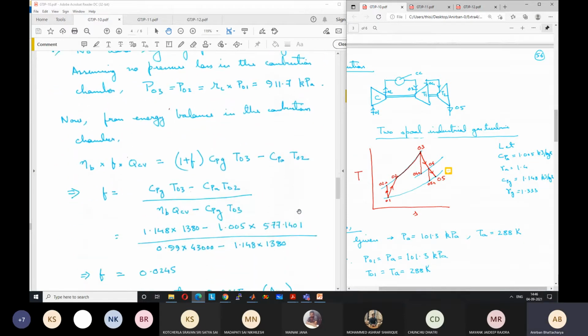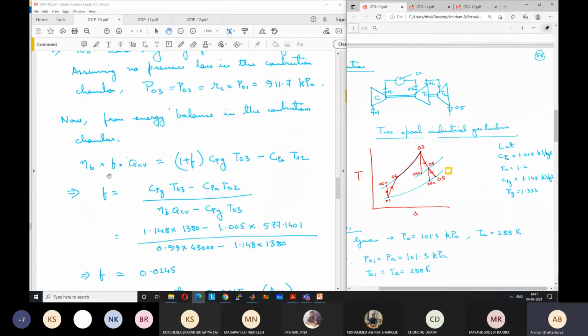So after that, what did we do? For the combustion chamber, we want to find out the fuel air ratio, because T03 and T02 are both known. So the unknown is the fuel air ratio. Using energy balance, we can write the calorific value of the fuel per kg into the mass flow rate of fuel, F. F is the fuel air ratio, the mass flow rate of fuel per kg of air.